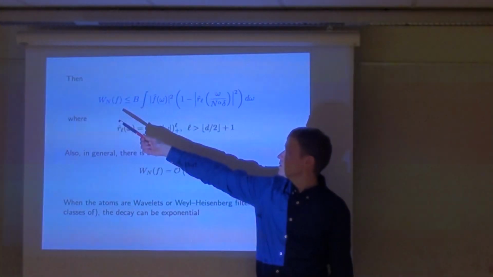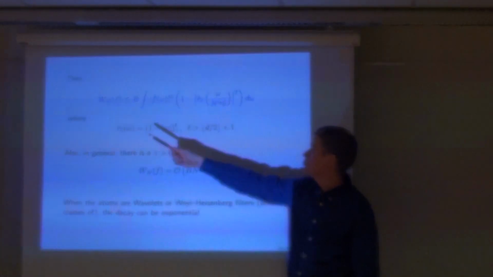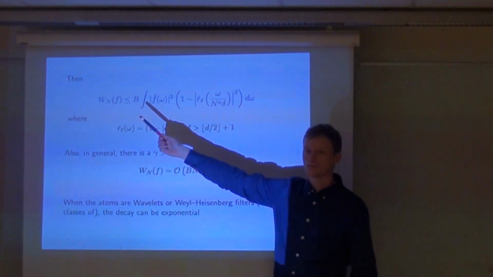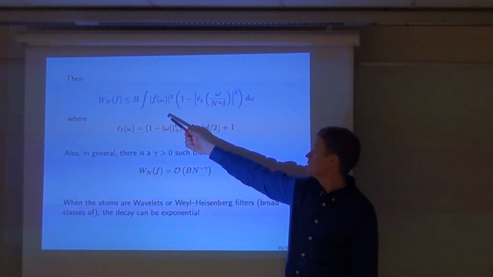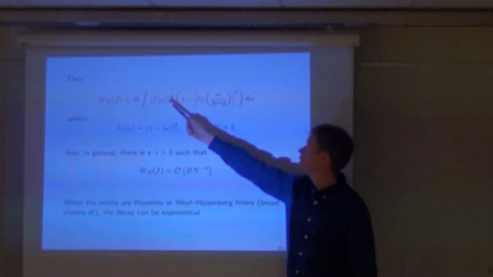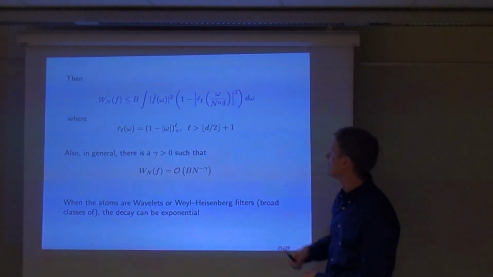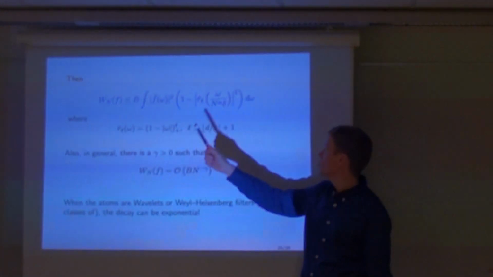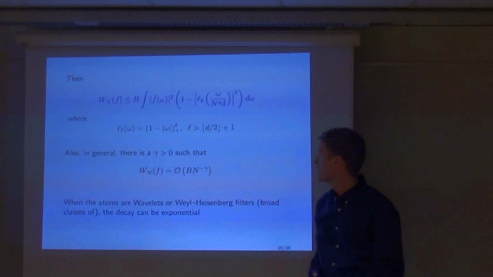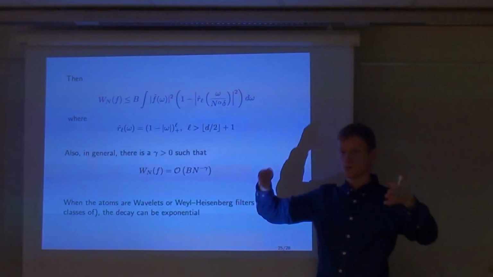So the energy in the nth layer is less than or equal to, B is not bandwidth, it's something else now, the energy in the frequency domain, the integral, and then something here, which is 1 minus something that looks a bit like this.